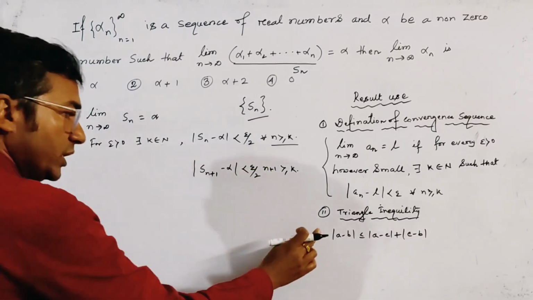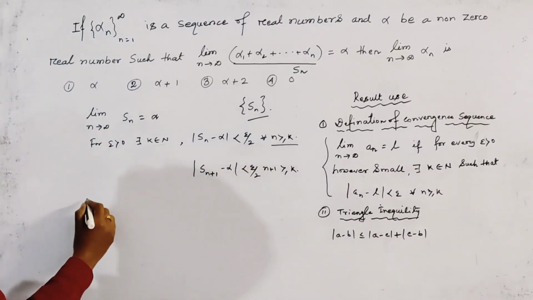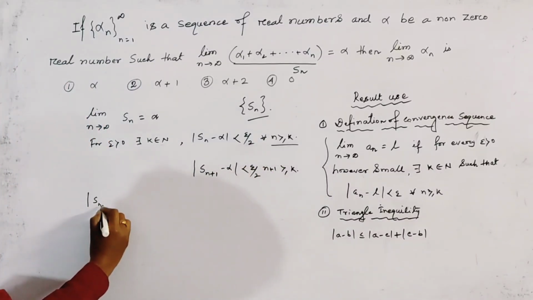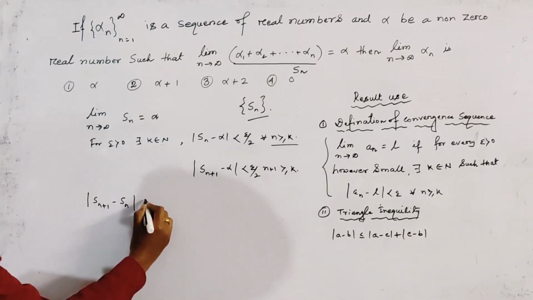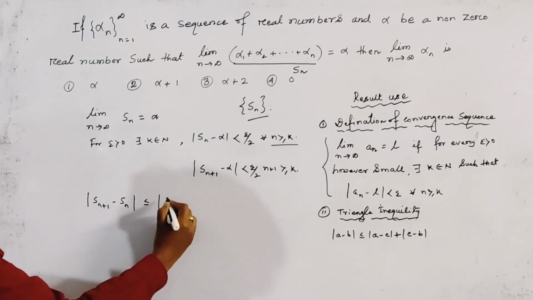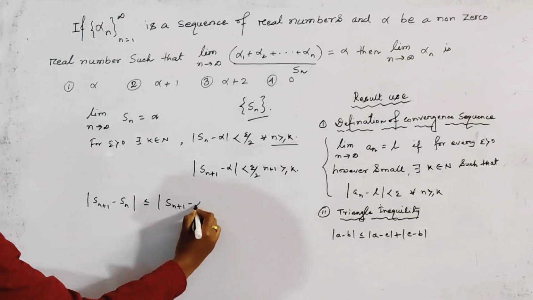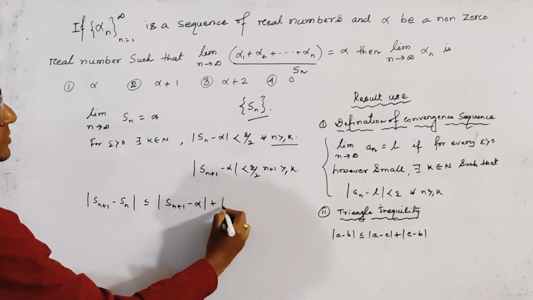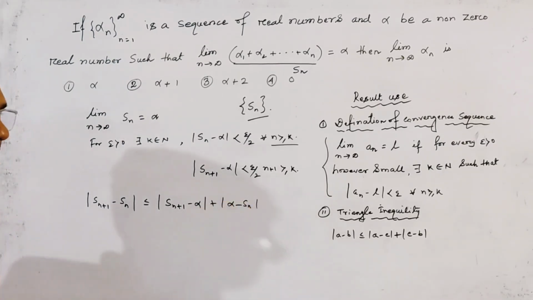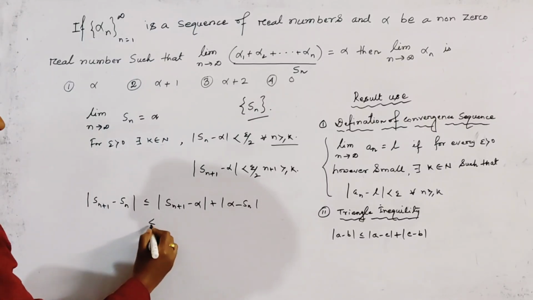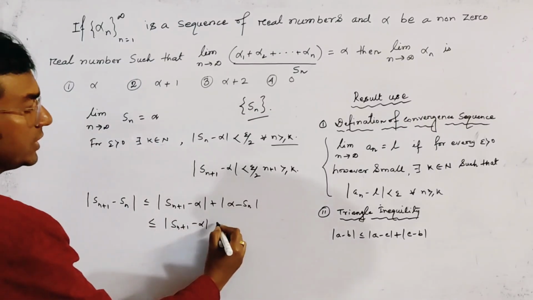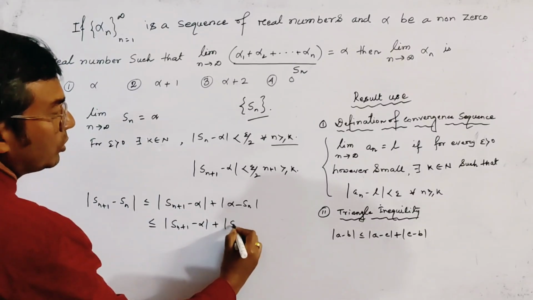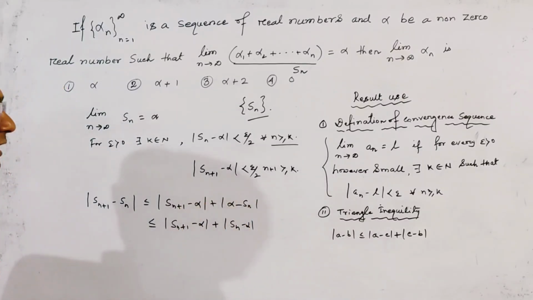Okay. Now using the triangle inequality, we write that mod of S_(n+1) minus S_n is less than or equal to mod of S_(n+1) minus α plus mod of α minus S_n. And this equals mod of S_(n+1) minus α plus mod of S_n minus α.